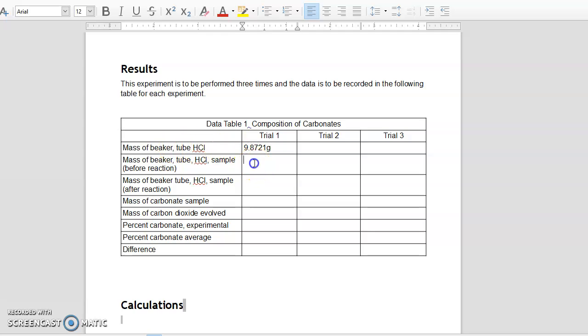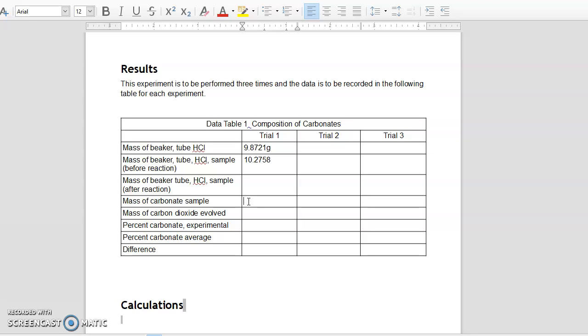When you add the sample to that, the new weight is going to be 10.2758. Okay? So that's the beaker plus this right here. So what this means, you can subtract this first number from this one to give you the mass of the carbonate sample.